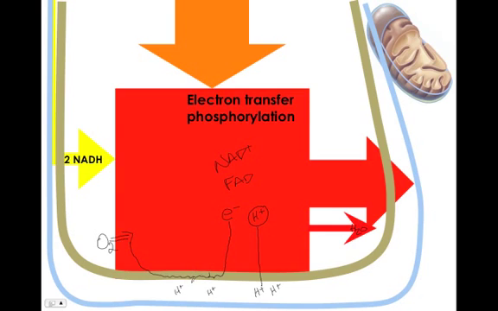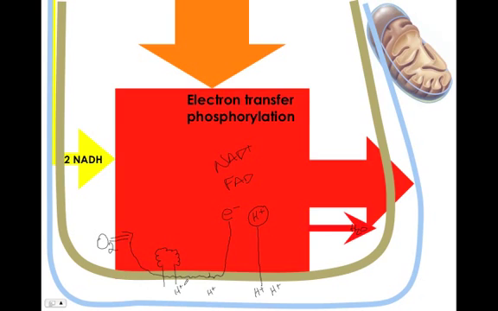Now, what we're going to need to do still, though, is if we want to make water, we need to get the oxygens broken apart, and we're going to need to combine those with those hydrogens that we have in the intermembrane space. So we need a system that's going to allow us to bring our hydrogen ions back into the matrix of the mitochondria.